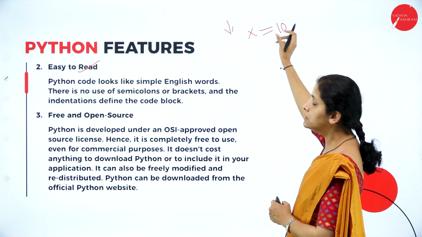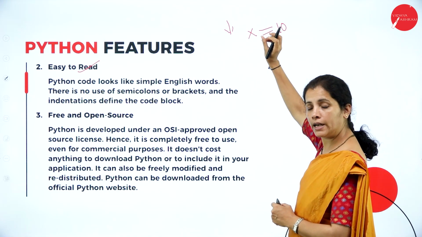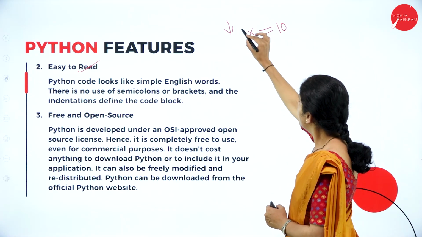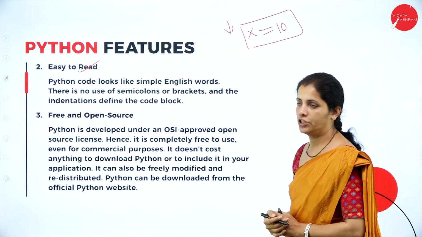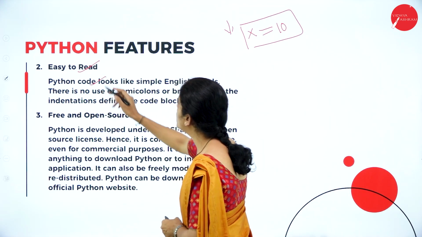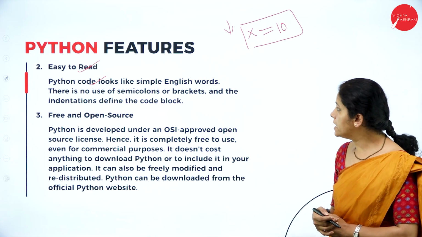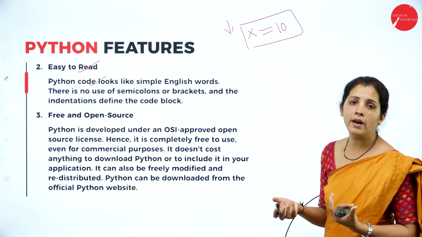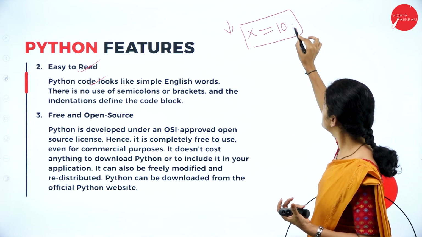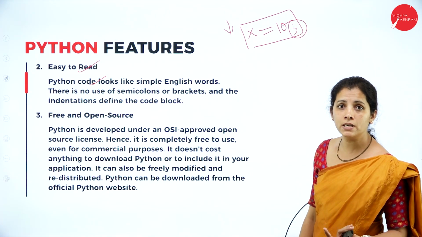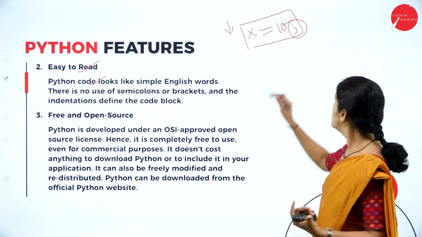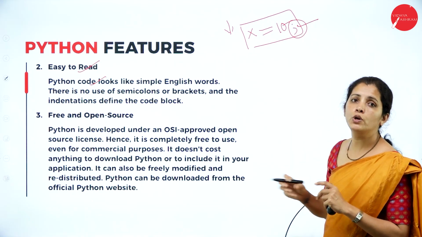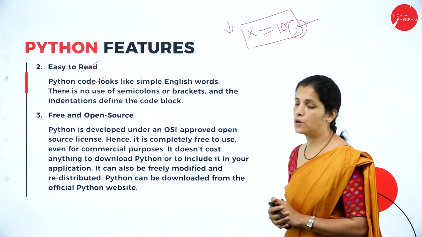It is going to consider that x holds the value 10, and 10 comes under the integer data type. See, it exactly looks like English. So Python code looks like simple English words. There is no use of semicolon or bracket. See here, I'm not going to write a semicolon, but if I consider C, C++, Java, .NET, I have to use a semicolon, and even brackets, but here I'm not going to use any bracket or any semicolon.